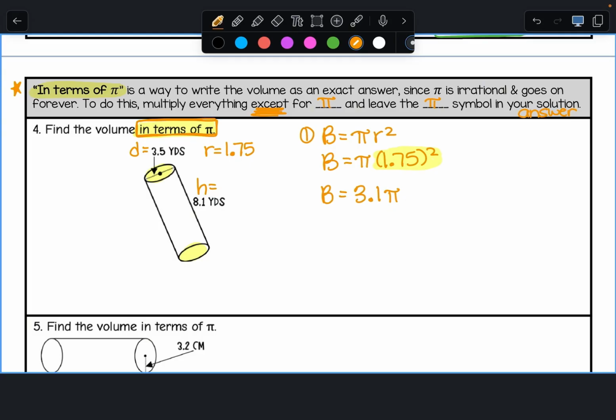Okay. All right. Now we put it into our volume formula. Volume is equal to big B times height. But this time big B is 3.1 pi and the height is 8.1. We're still leaving this in terms of pi.